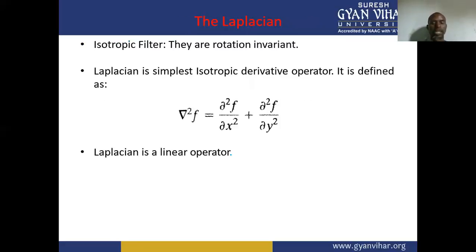So the Laplacian of f is given by the image function in the x-axis and the image function in the y-axis. Since we are using the x and y axis, this is known as a linear operator.